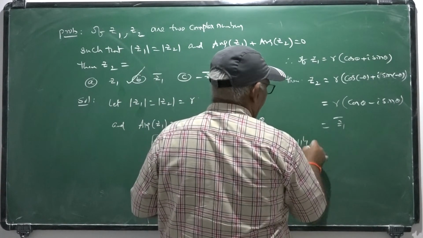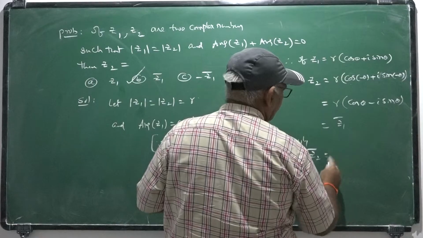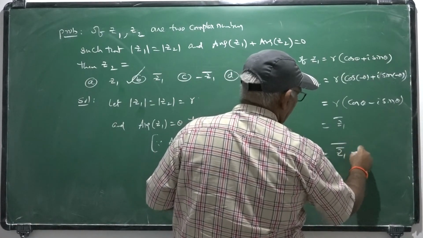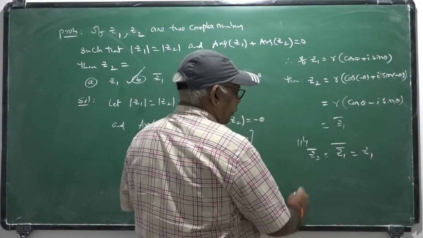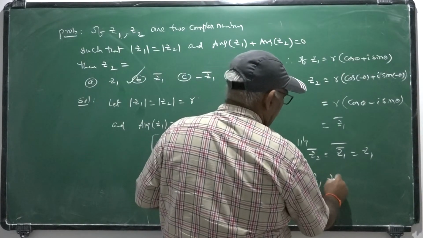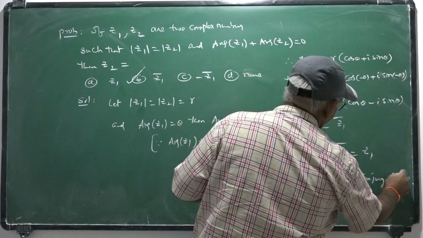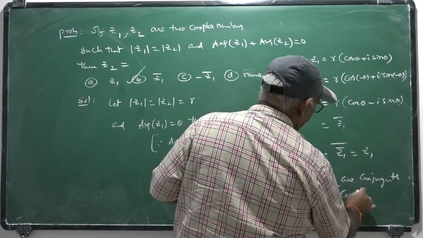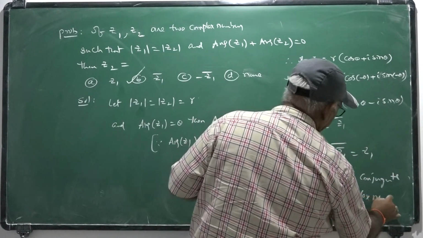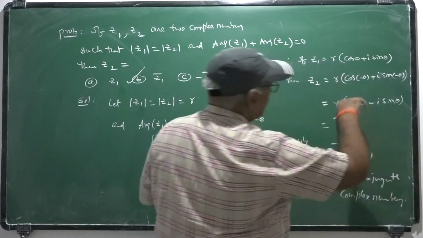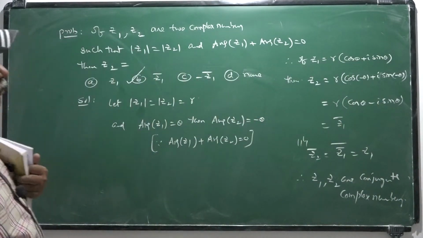Similarly, z2 bar is z1 bar whole bar, that is z1. So therefore, z1 and z2 are conjugate complex numbers. This is the concept.